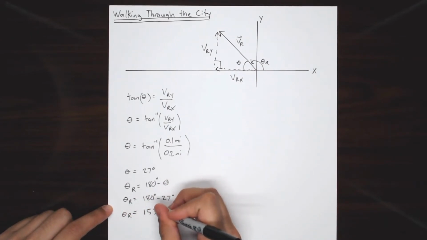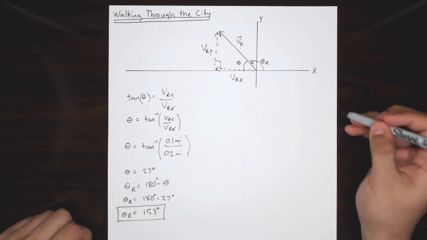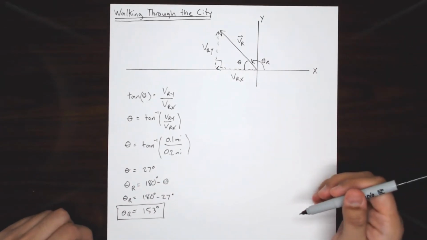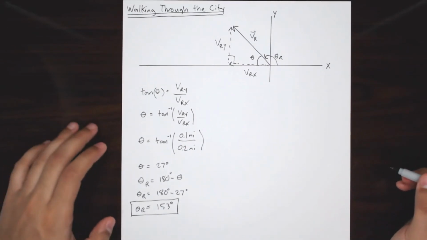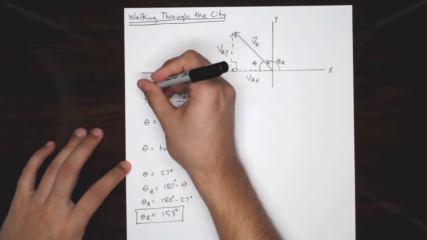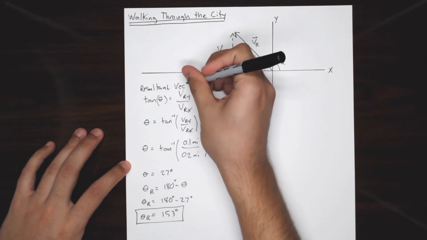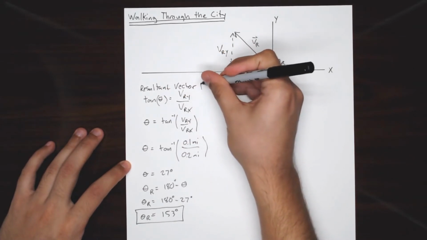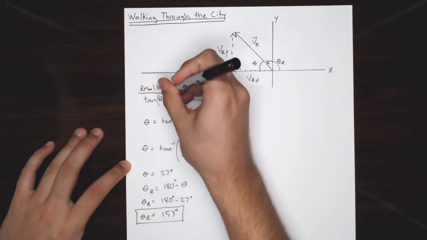So theta r is equal to 153 degrees, and that will be the direction of our displacement vector here. Okay, the last thing to do is to compute the distance. Oh, and let's just add a label up here. This was the resultant vector direction.